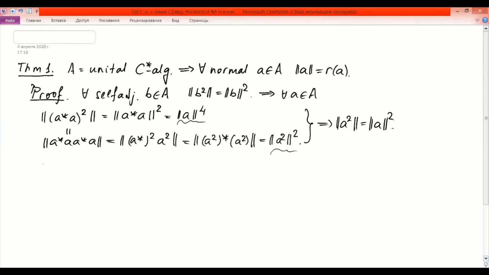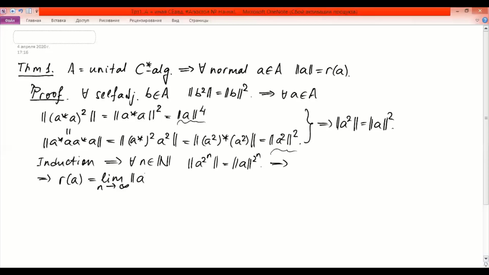Now a simple induction shows that for each natural number n, we have the following equality. And now we can calculate the spectral radius. So the Gelfand formula shows that the spectral radius is the following limit. This formula holds in any Banach algebra for any element of any unital Banach algebra.